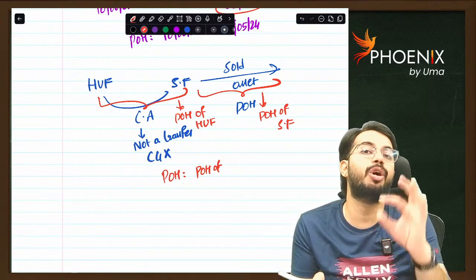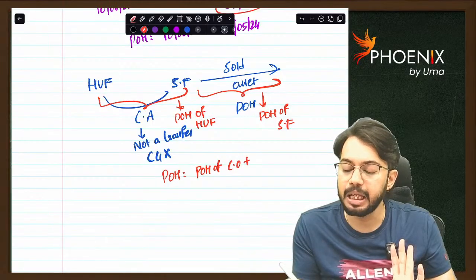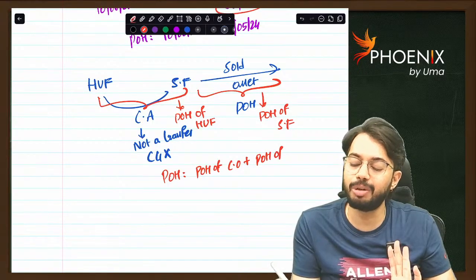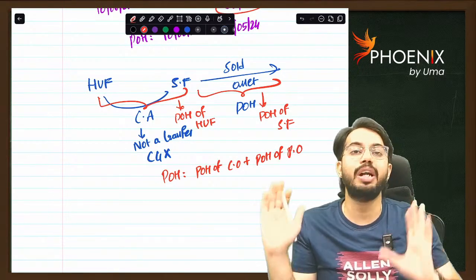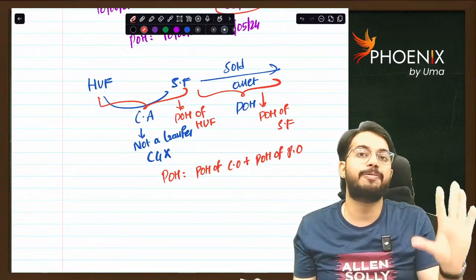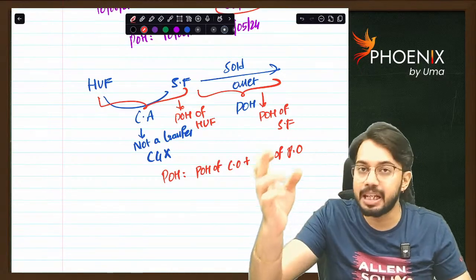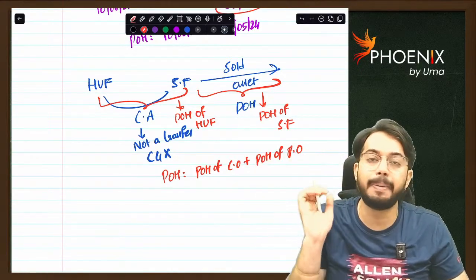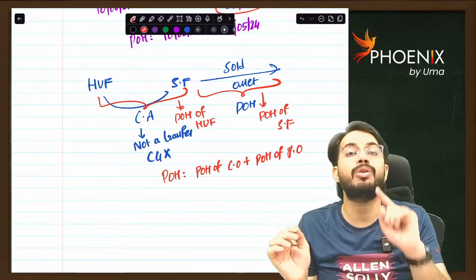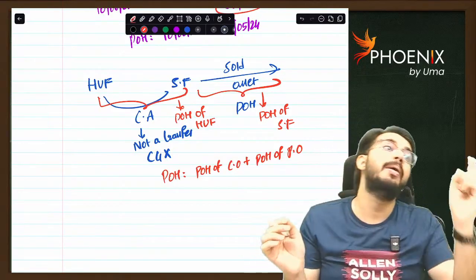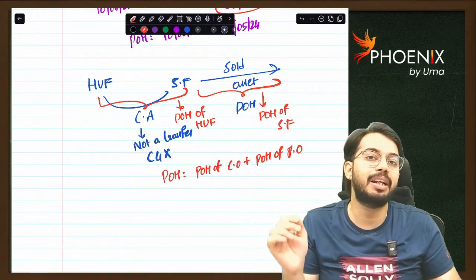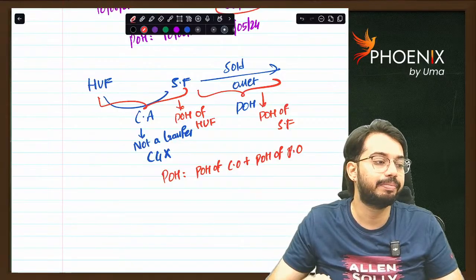Here, who is current owner? Small family, plus period of holding of previous owner. Previous owner means Hindu undivided family. So in these five cases, whenever capital asset is transferred, while calculating period of holding, you are also required to consider period of holding of the previous owner. Is it clear? Are you able to understand?